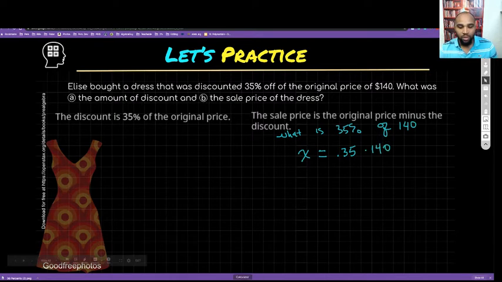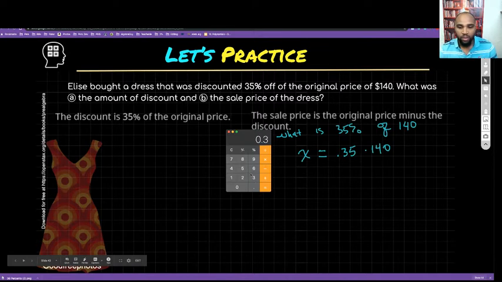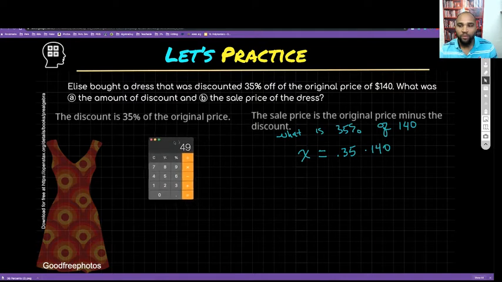And we can put that in our calculator. 0.35 times 140, and we get $49. So now we know that it's a discount of $49 that they're taking off of 140. So what's my final price?